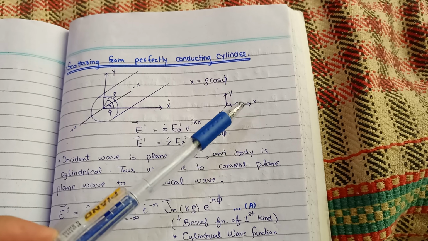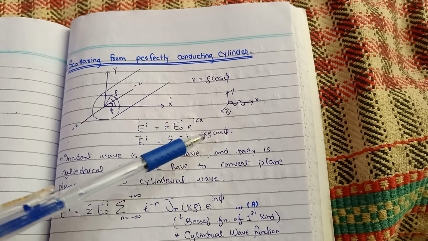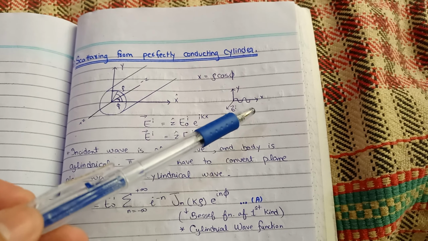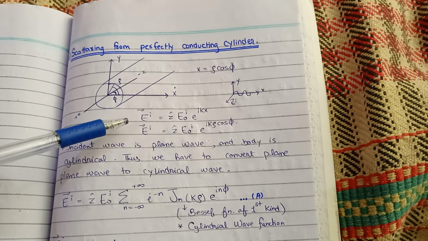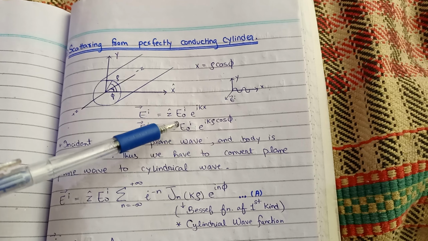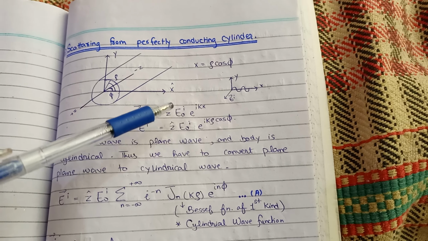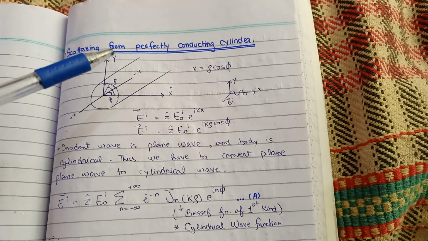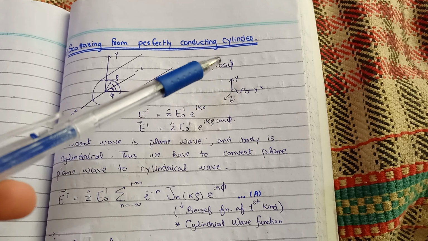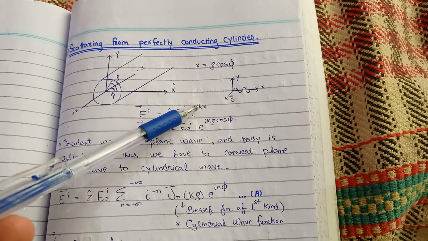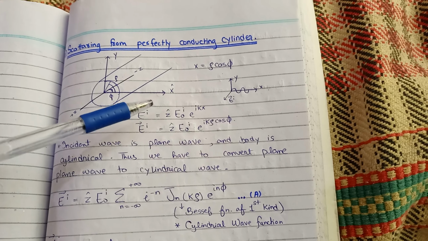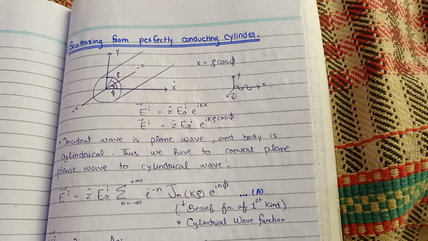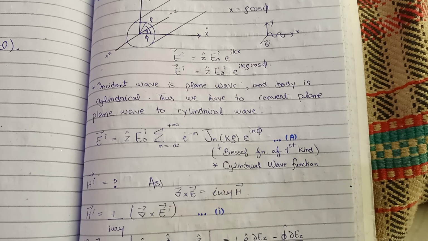So your plane wave equation now becomes E^i equals z cap E naught i, which is the amplitude, e to the power iota kx. As I mentioned before, x must equal rho cos phi, so you have to put in the value of x. So it becomes z cap E naught i e to the power iota k rho cos phi.